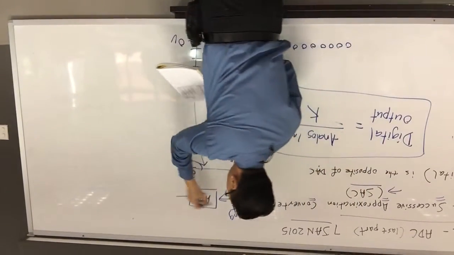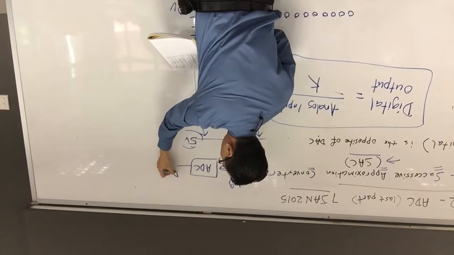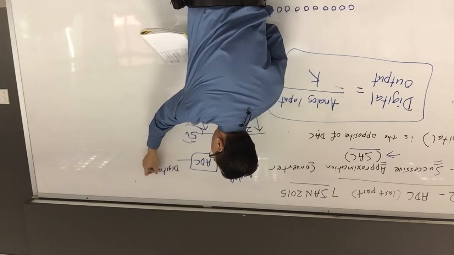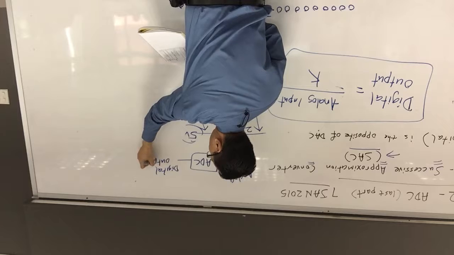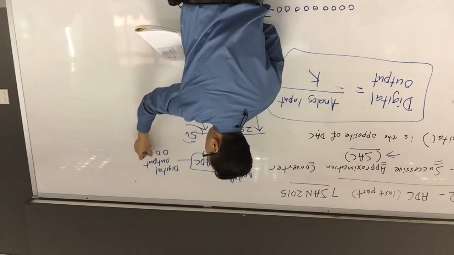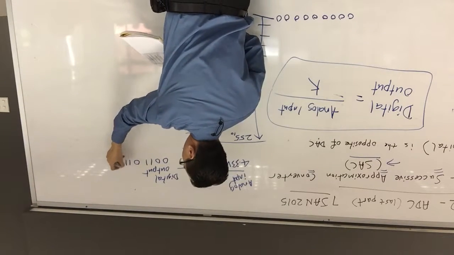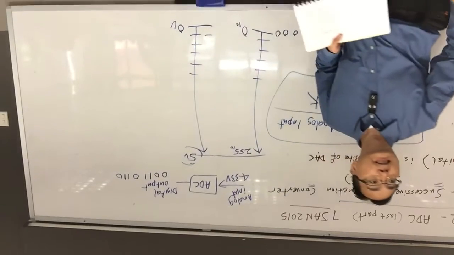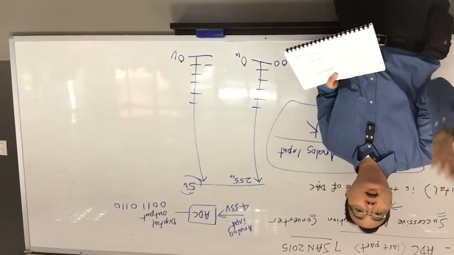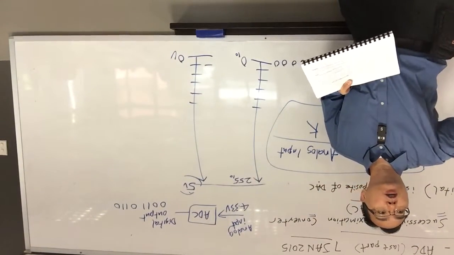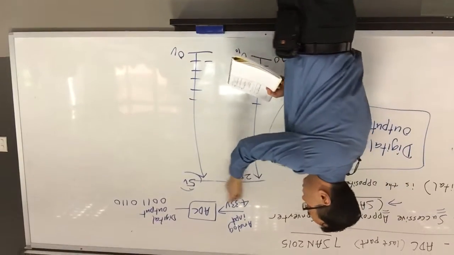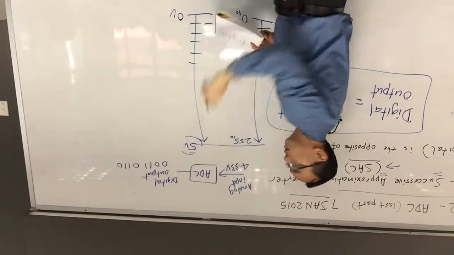You're going to convert this into a digital output, in some binary format. For example, ADC, analog to digital output. Remember, let's say a certain voltage.